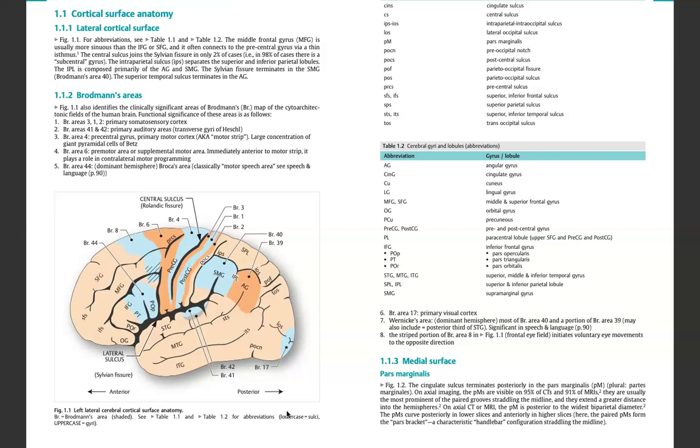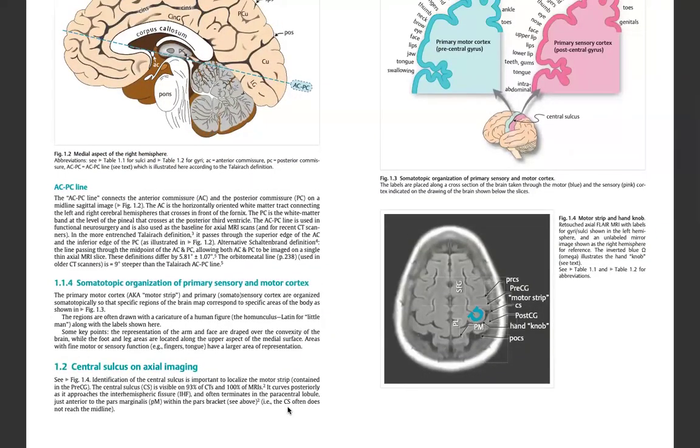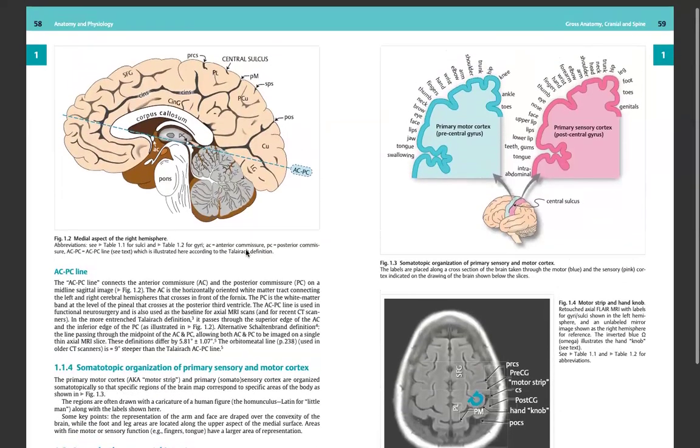Okay. When we assess both images, there's also the anterior commissure posterior commissure line, usually referred to as the ACPC line. What I described earlier is the cingulate sulcus continuing posteriorly as this pars marginalis.